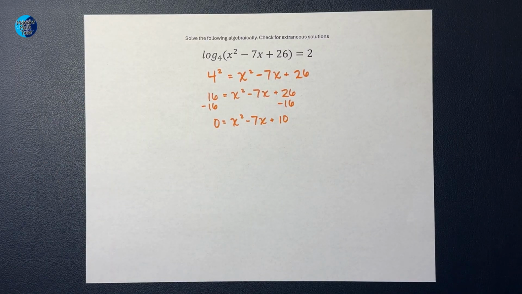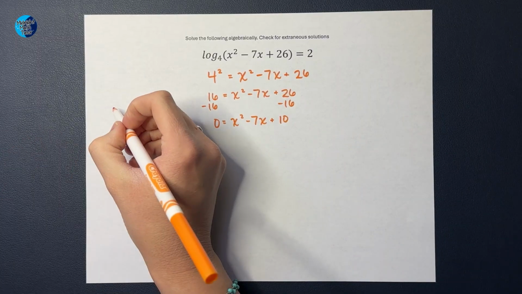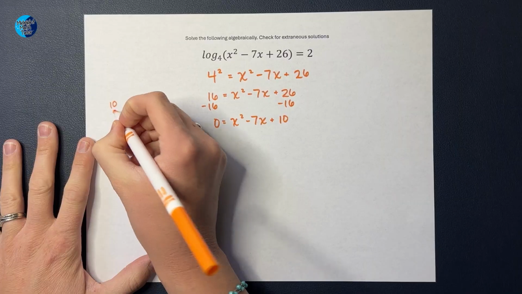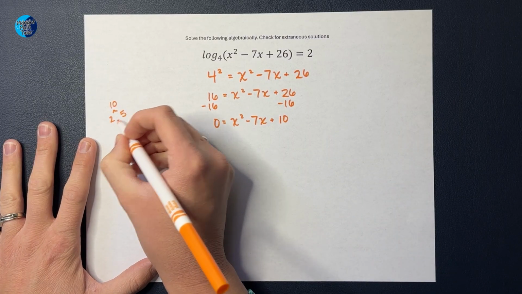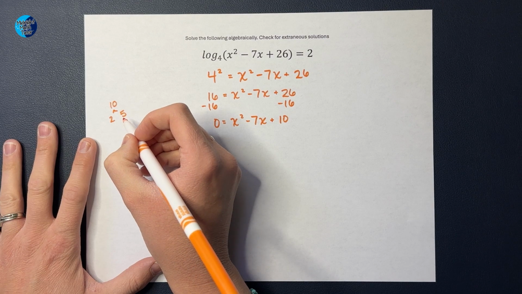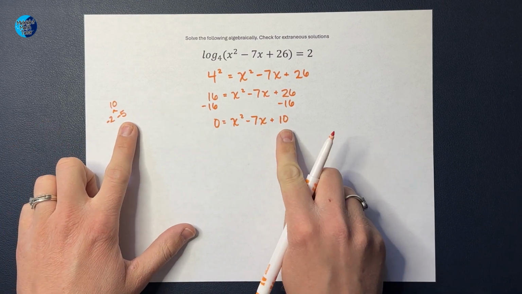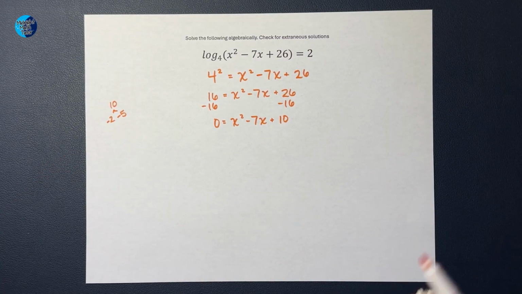All right, now we get to factor. So I need two numbers that multiply to 10 and add to negative 7. So I am thinking 2 and 5 with them both negative. Negative 2 times negative 5 gives me 10. Negative 2 plus negative 5 gives me negative 7.